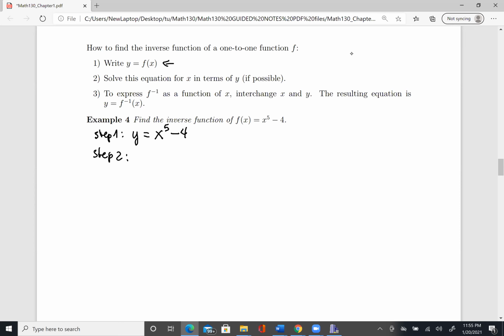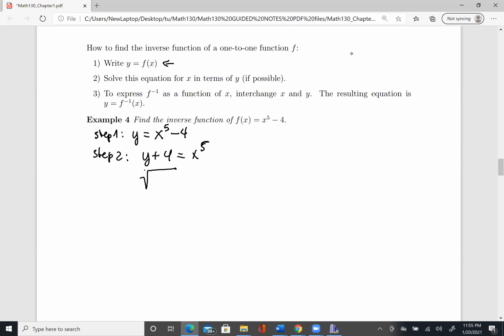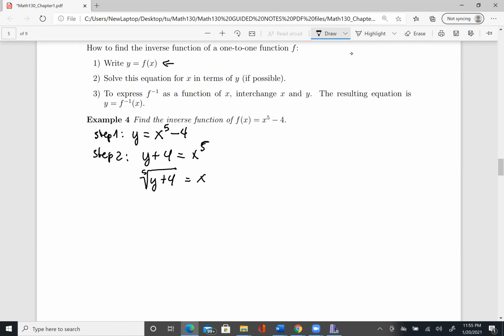I have y plus 4 equal to x to the fifth. Then I have to lower down the power by taking the fifth root of both sides. Remember, we are taking an odd index root, so we don't have to worry about the absolute value.